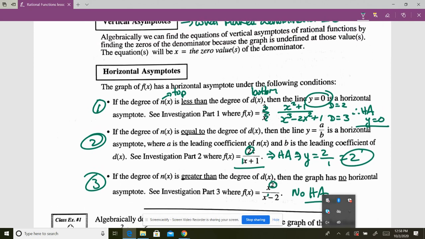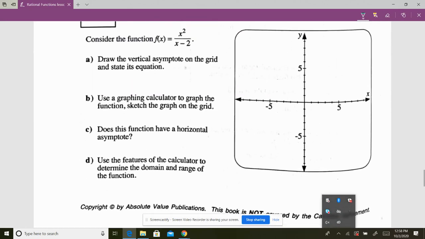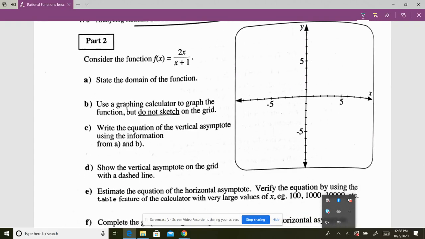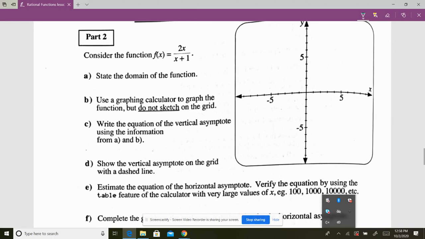All right, we're going to scroll back to this page, 2x plus 1, top of 470. Okay, first thing, tell me the vertical asymptote. What can x not be? -1. Vertical is what makes the denominator 0.